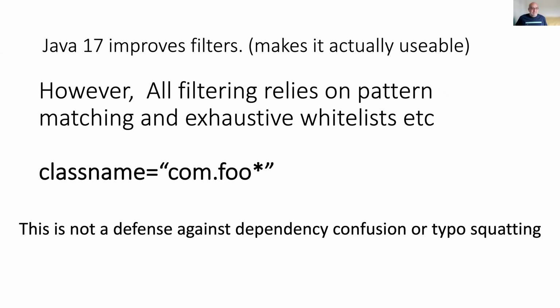Java 17 added more stuff, which makes it easier, but it is all very much about you understanding what you're allowing in and what you're going to prevent, and it's all whitelists and blacklists. It is complicated, and it doesn't deal with any of the modern types of attack that you might see, which are called dependency confusion and typosquatting. I'll let you look those ones up.